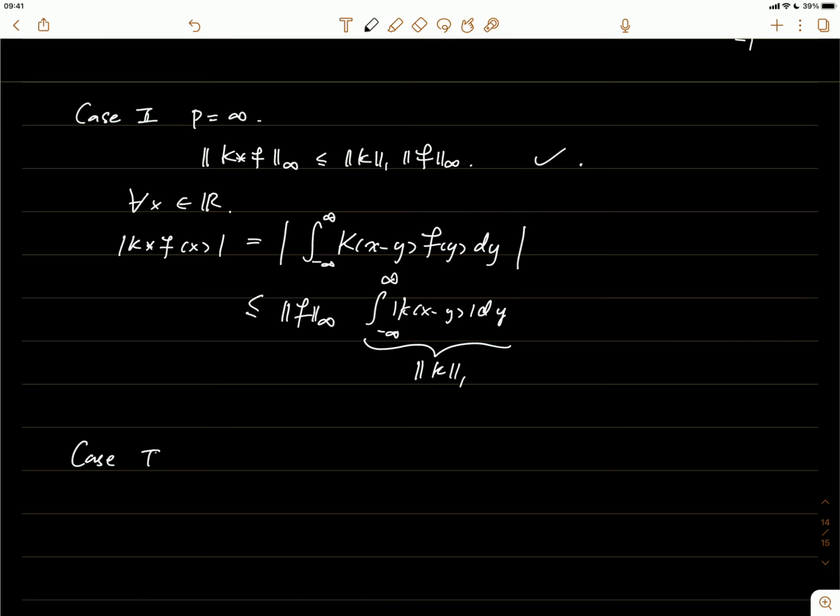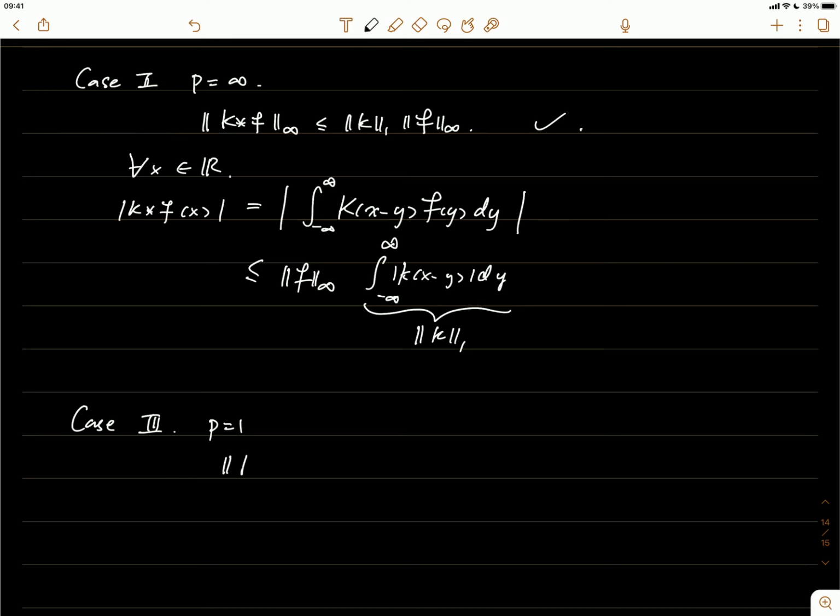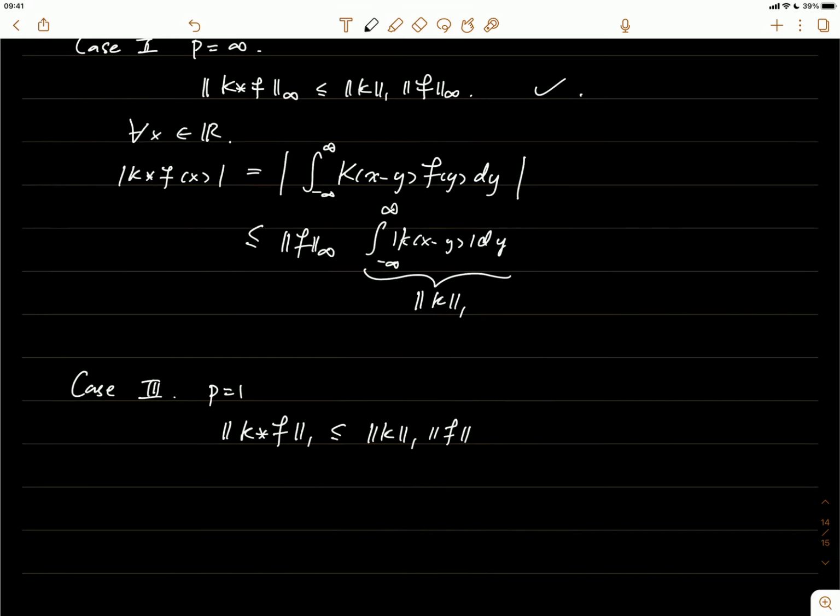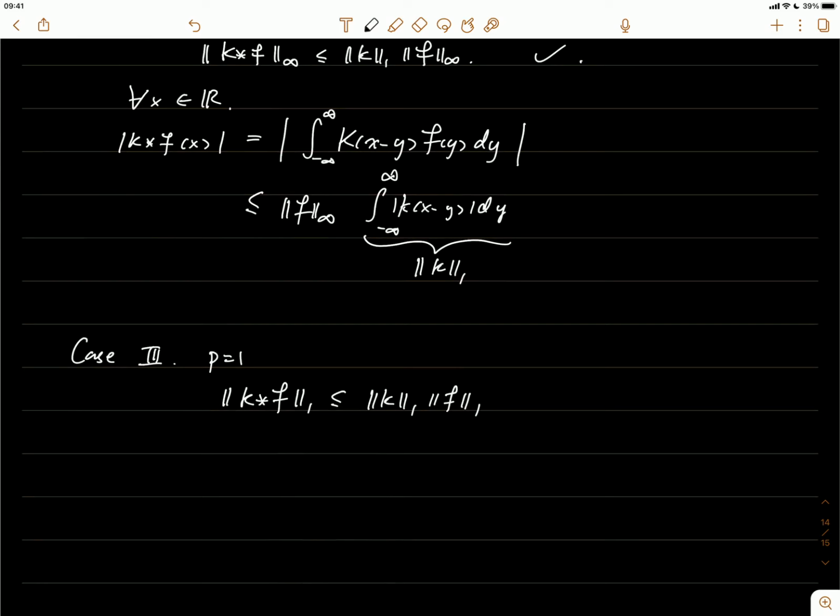The third case is p equal to 1. In this case, we want to show that this 1 norm is less than or equal to the k1 norm times the f1 norm. Sorry, f1. Okay, so now the left-hand side is equal to the integral of |k star f of x| dx.